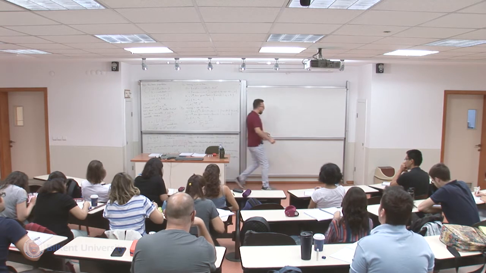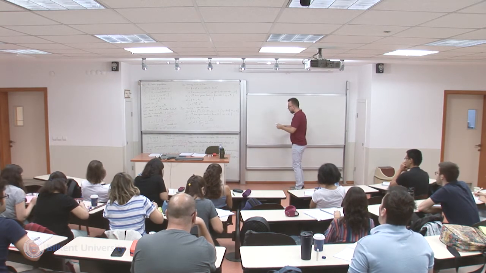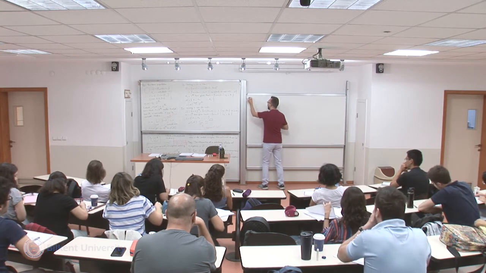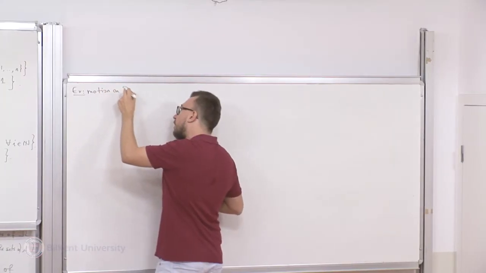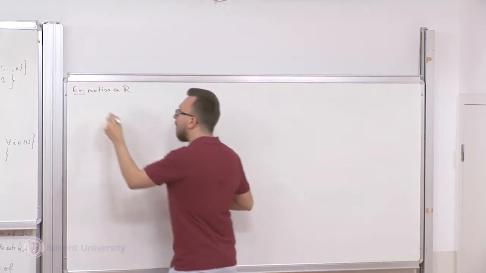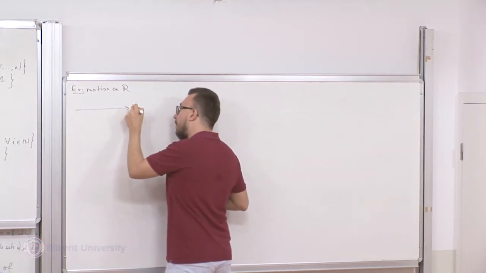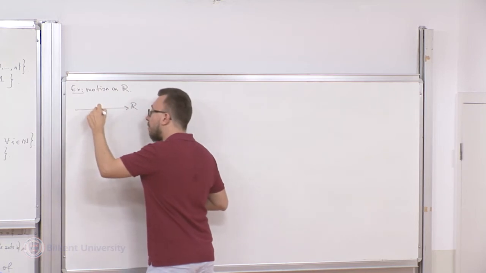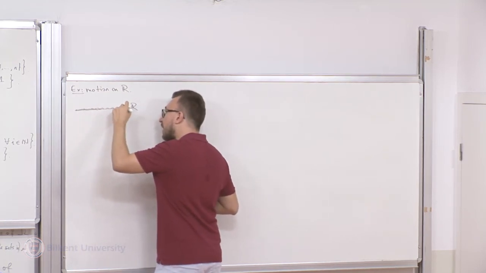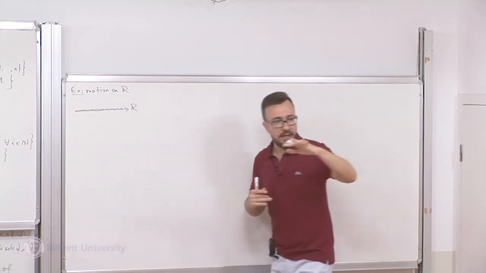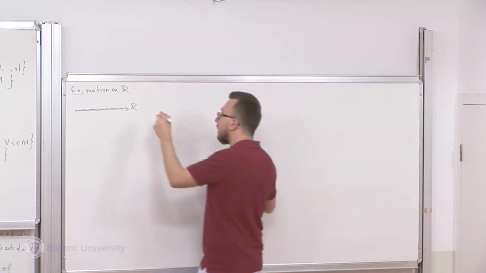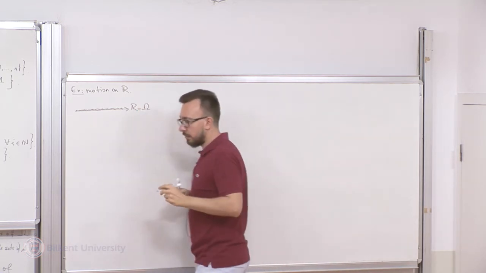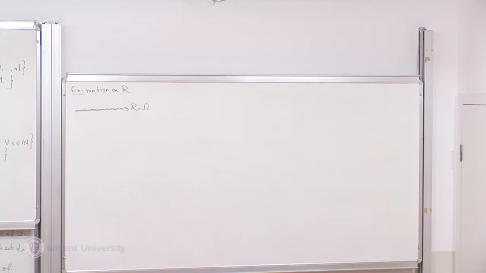Finally, we are discussing the example of the real line. Motion on R. Remember, this was a bee or an insect moving randomly on the line. So its position was a random number on the real line. So we took this as omega. And now we are interested in the following event.